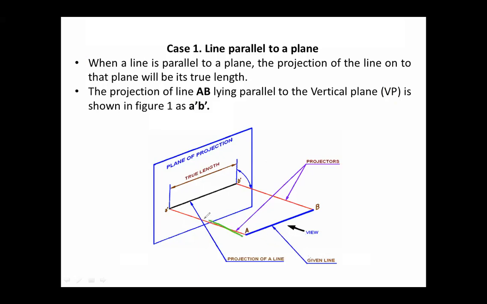Point A is projected on this plane, B is also projected, and then the line is joined. That's it. So this is the given line, capital AB. This is the projection of that line, and these red ones are projectors. This should be very thin. Clear? Any doubts in this first case?